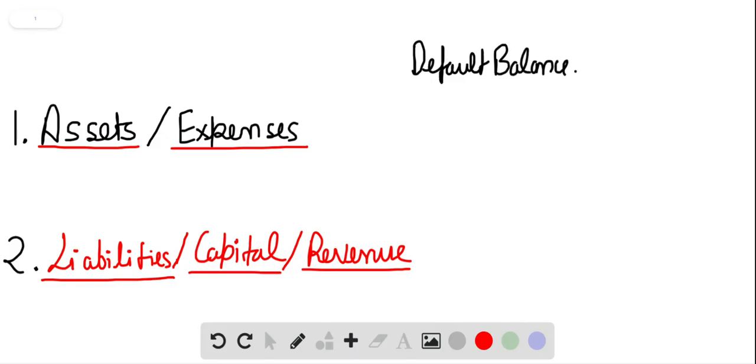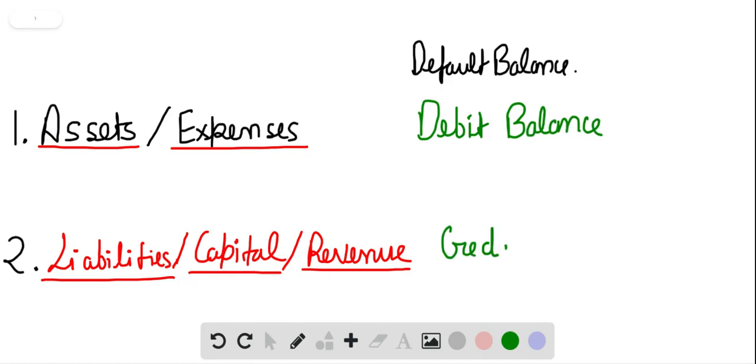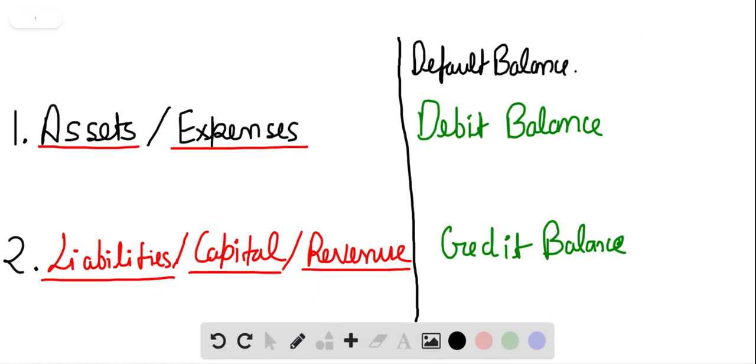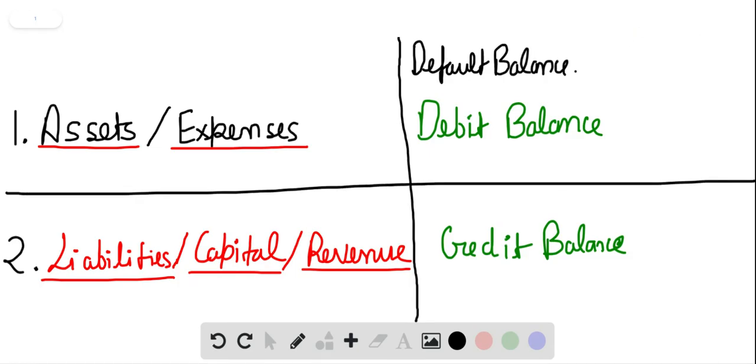Some of you may ask why assets and expenses have debit balances, and liabilities, capital, and revenue have credit balances. First of all, take note that assets and expenses will, in 99.99% of cases, have a debit balance. Liabilities, capital, and revenue will have a credit balance.